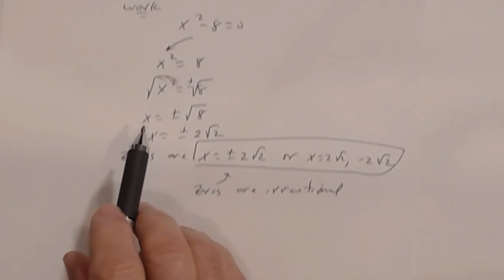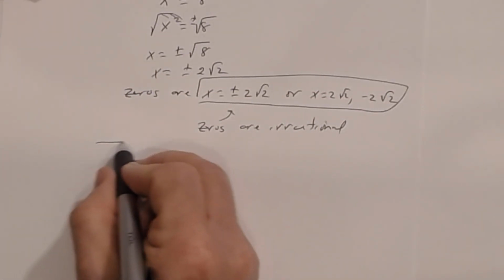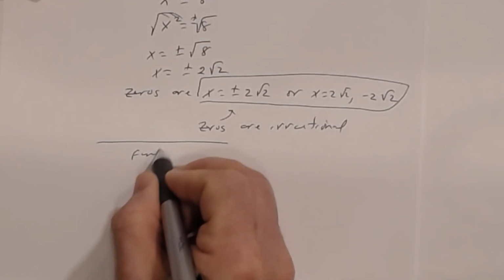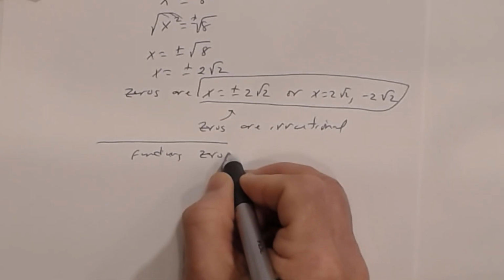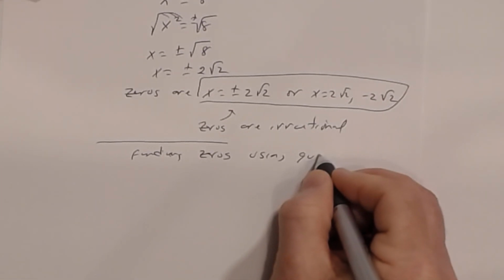Now, let me go ahead and also do this one using the quadratic formula, just to remind you what you would do. So finding zeros using the quadratic formula.